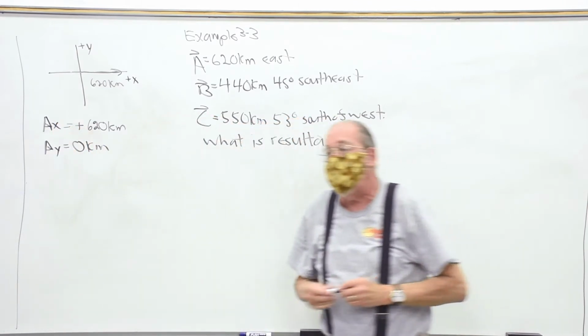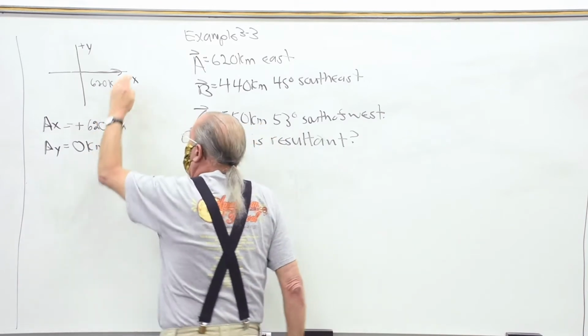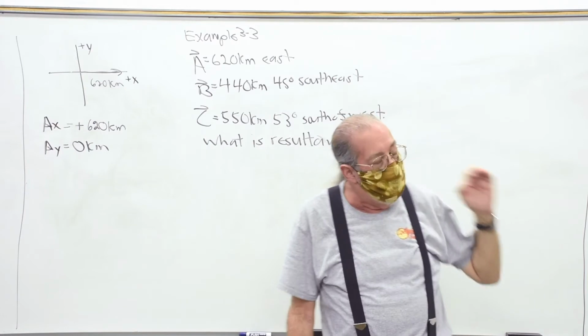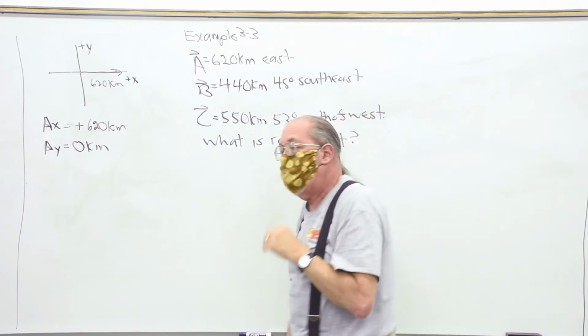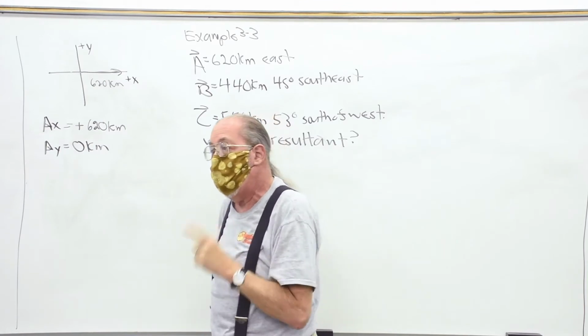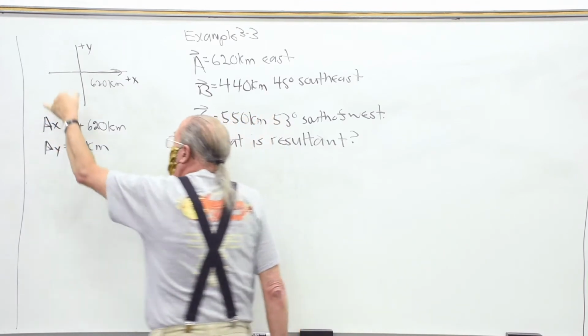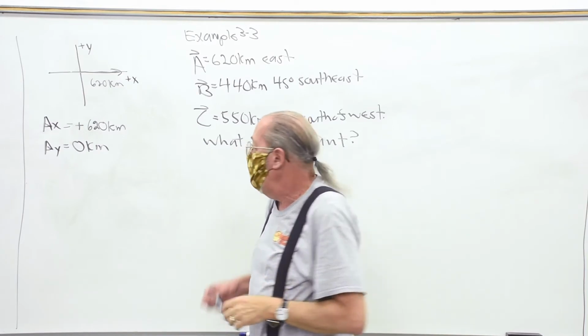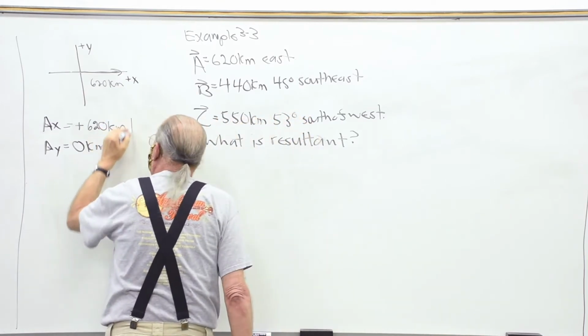If a vector is along a particular coordinate axis, the component of the vector along that axis is either plus or minus times the magnitude. You have to look at it and decide. If it were pointed west, what would it be? It would be negative. So there are the x and y components of A.